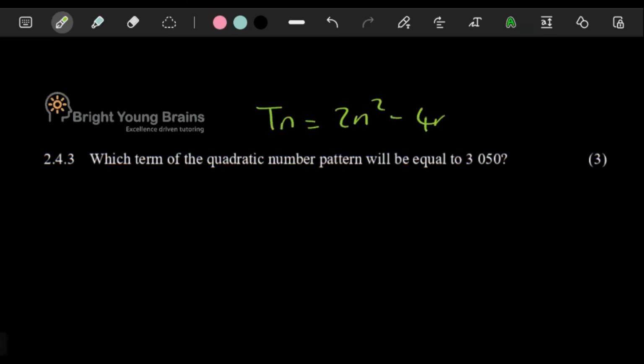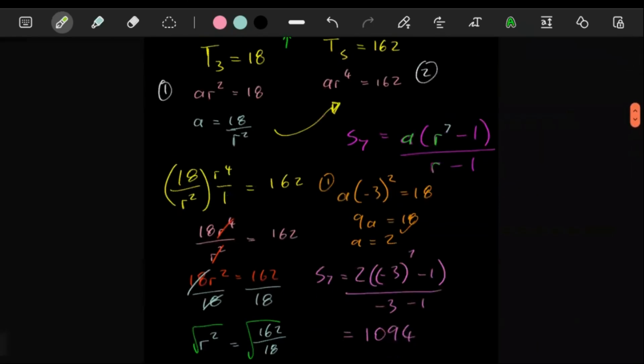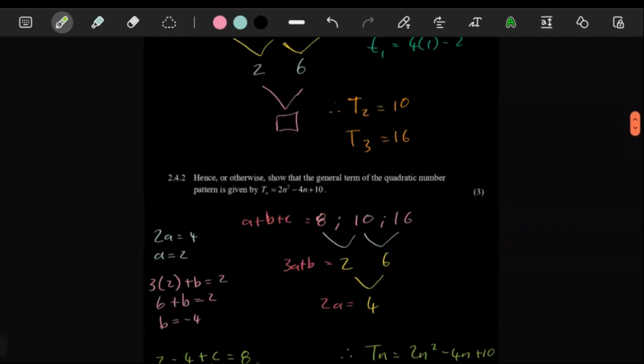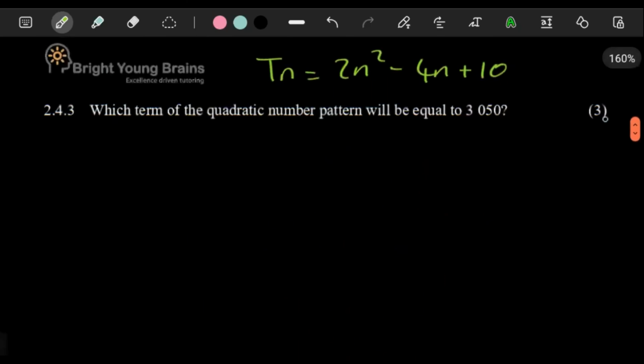So that's more like a bonus mark. If you get a mark right in the beginning here, it trickles down to the rest. But if you lose a mark right at the beginning, you lose all of them. But at least here, you'd be able to get the 3 marks, because you have the formula already.